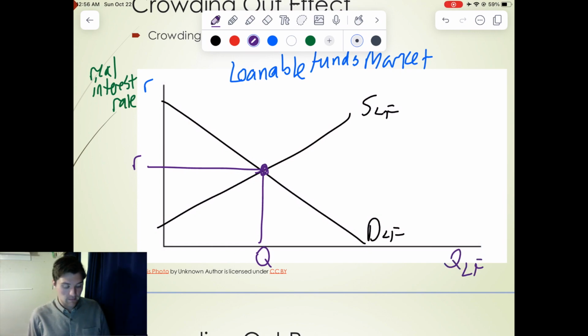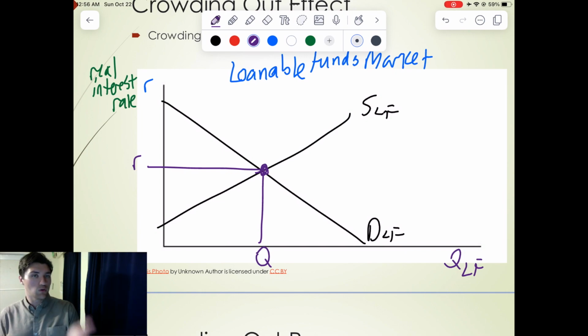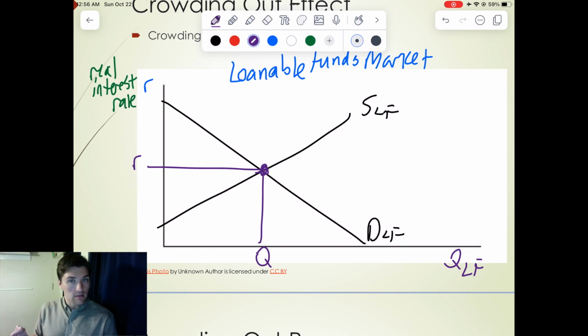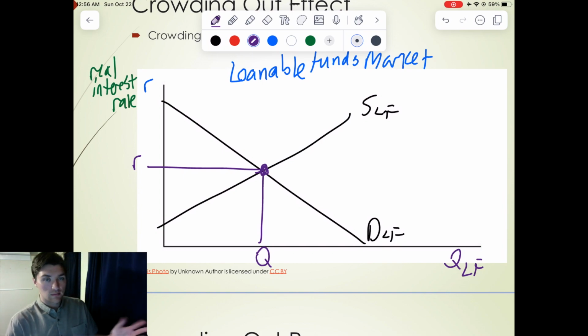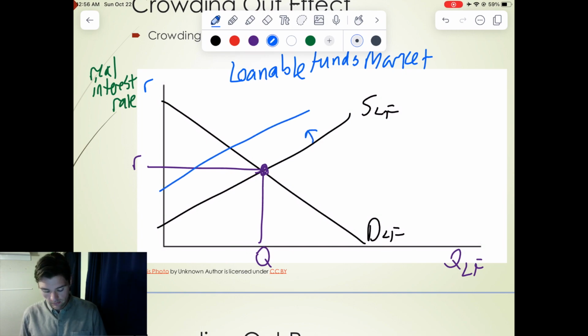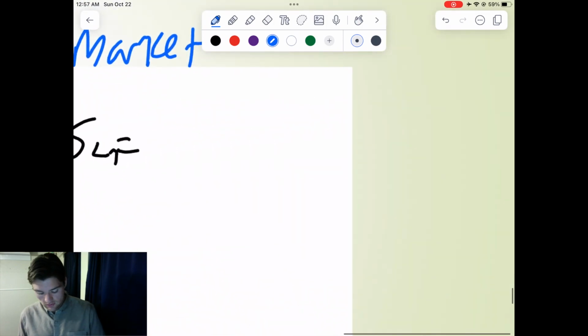Now, the government needs to do more spending. So what they'll do is they'll ask you, will you buy these bonds? All right, and you're going to say, yeah, sure. Let me take my money out of the bank and buy the bonds, right? So basically what happens here is this could decrease the supply of loanable funds because you're using your savings.